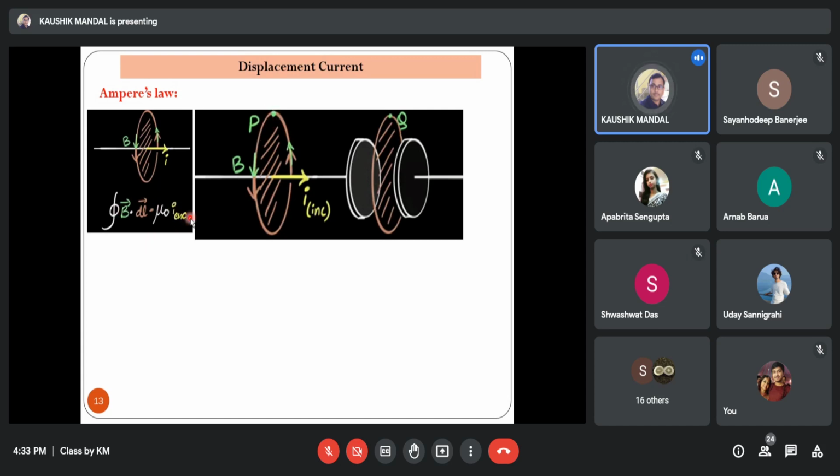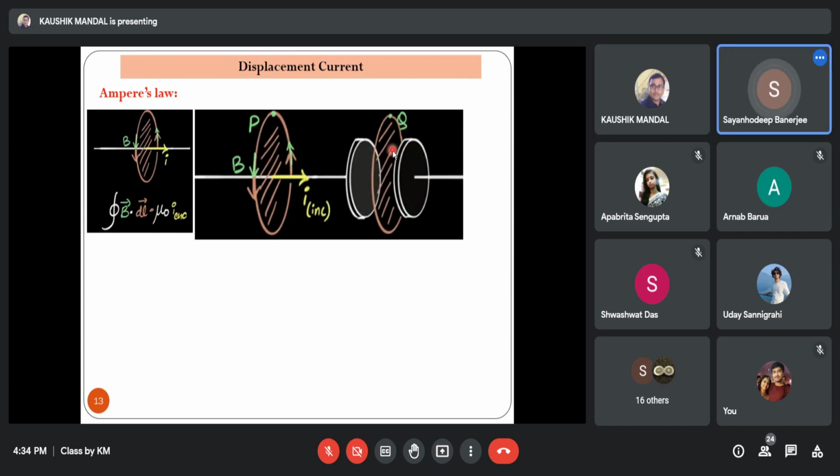But the situation is that at the end of the conductor we have a parallel plate capacitor. Obviously there is some gap between the two plates, and in this gap, if we consider another surface and an arbitrary point K on it, what will be the magnetic field? Is it possible to find out with the help of Ampere's law?